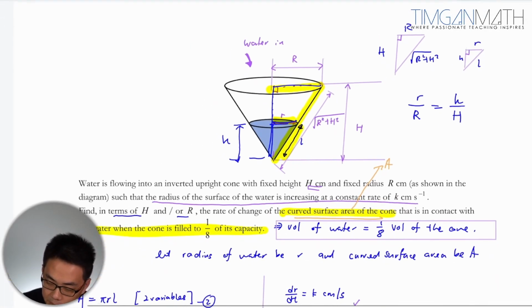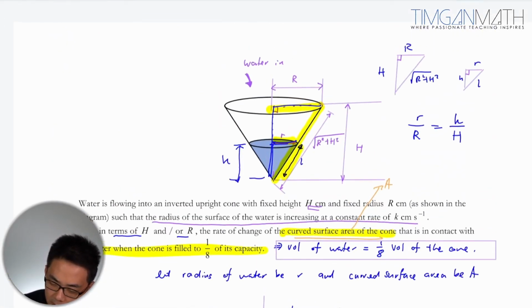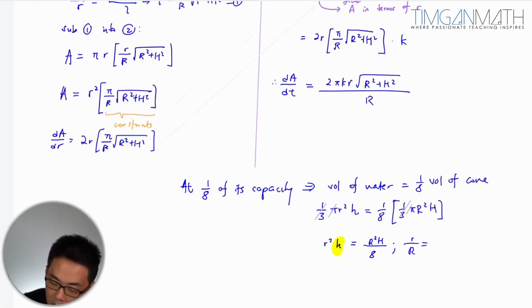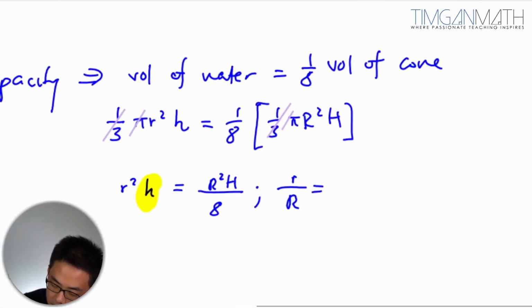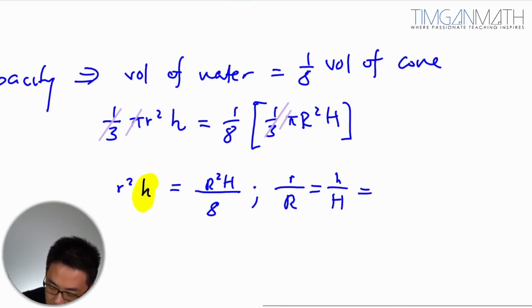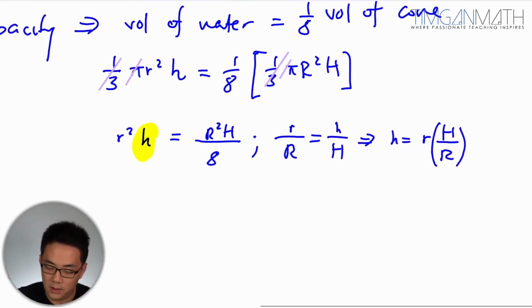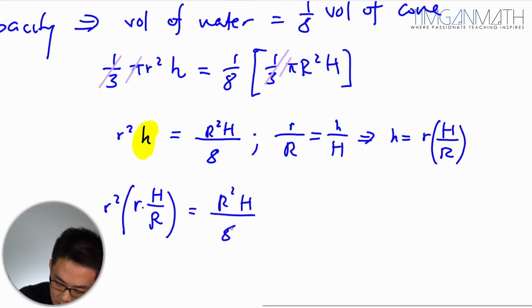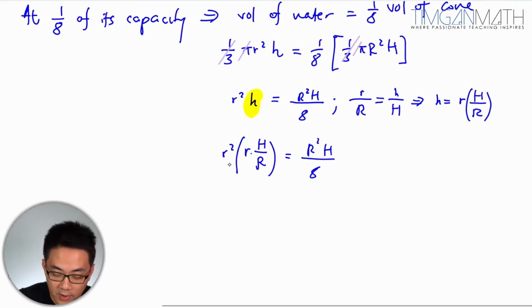Okay, great. So we know that R over r equals H over h. So this will be h equals r H over R. Substituting it in will be r squared times r H over R equals R squared H over 8. Okay, I do all these just so that I could find what's my small r in terms of the huge R there.